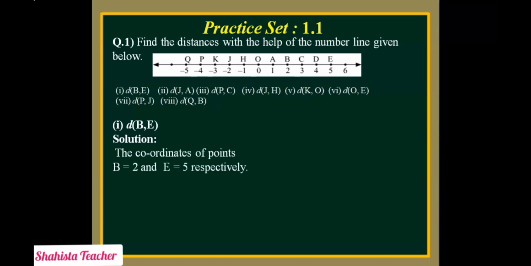So we will write the coordinate of point B is equal to 2 and E is equal to 5 respectively. Now why respectively? Because we can see here pairs are given. That is why we are writing here respectively. So B is equal to 2 and E is equal to 5.